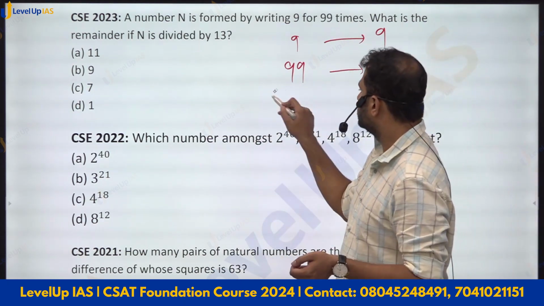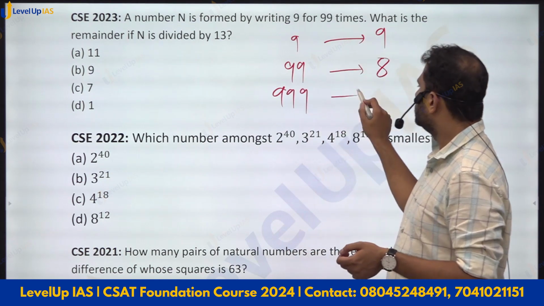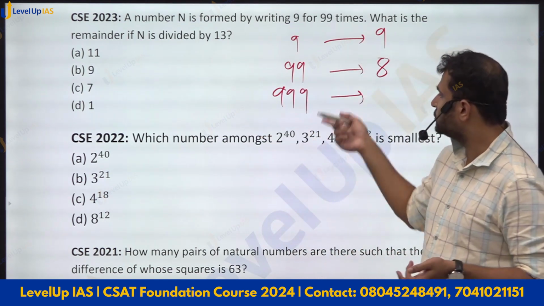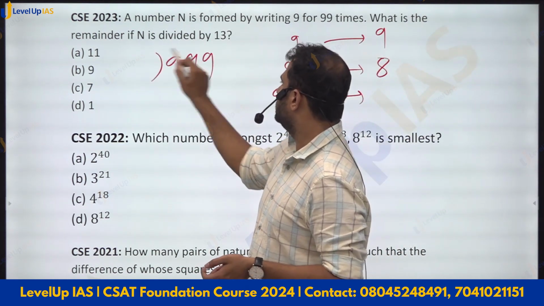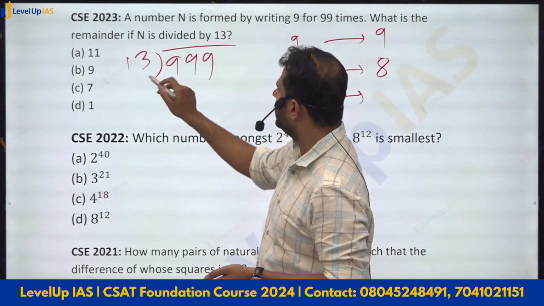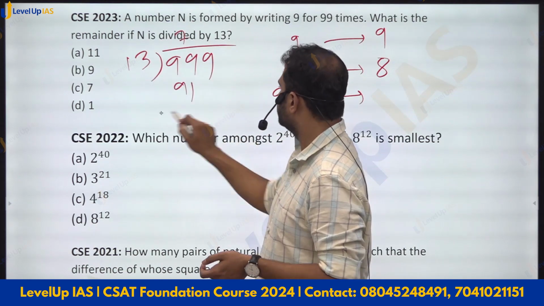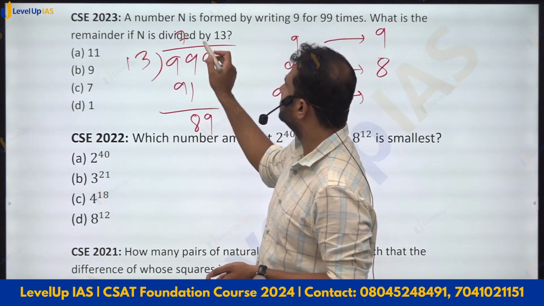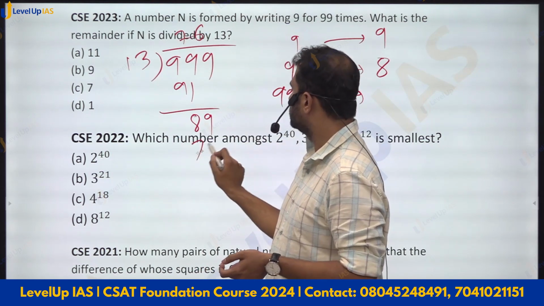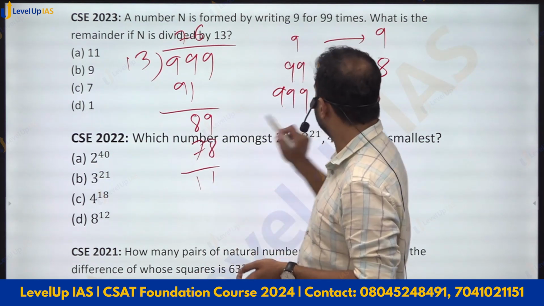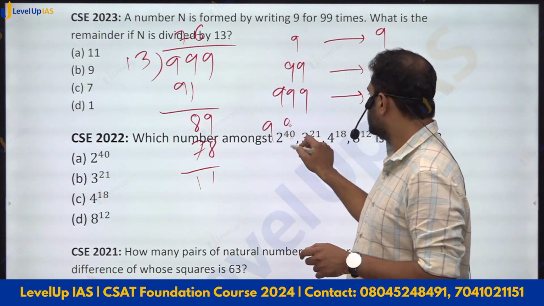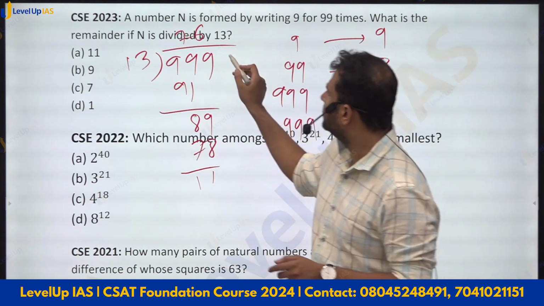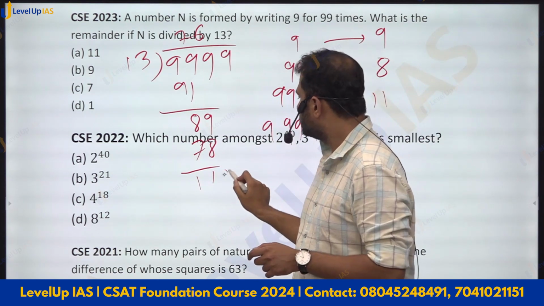We have to perform long division here. If you are uncomfortable, you can perform long division like this. One more 9, let us see, 999.